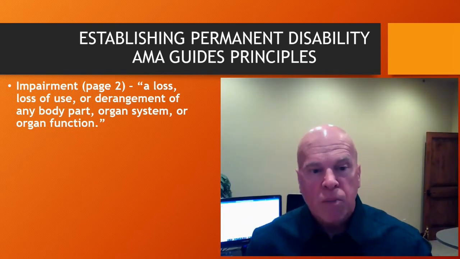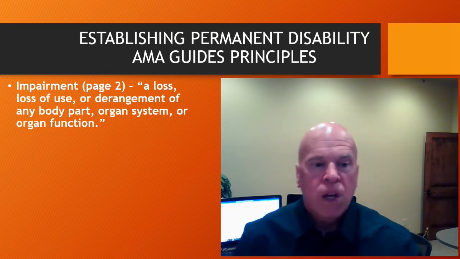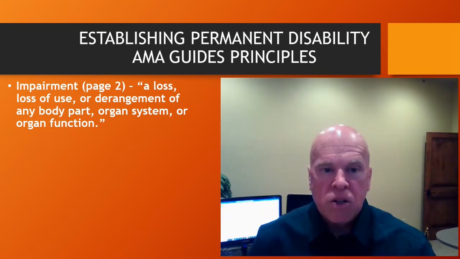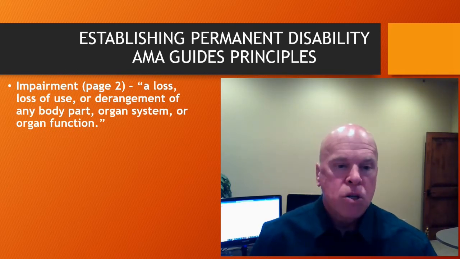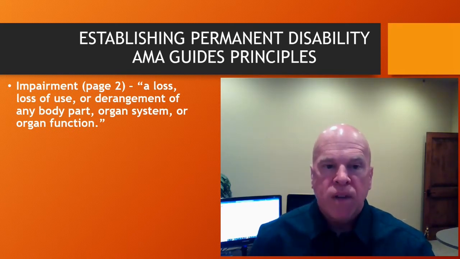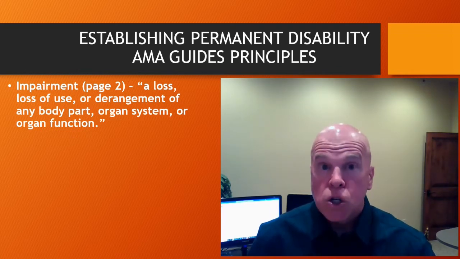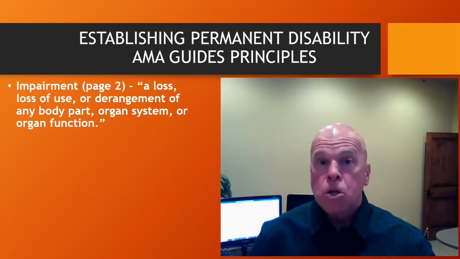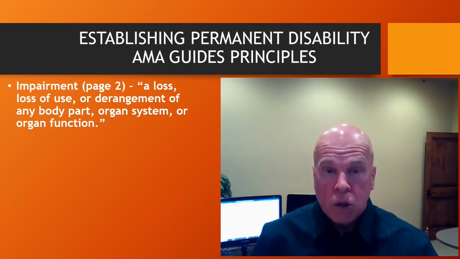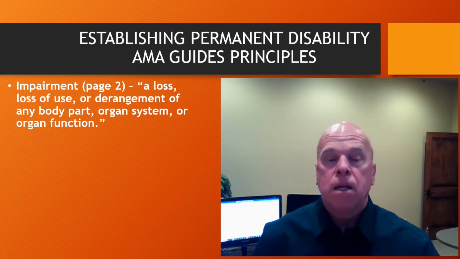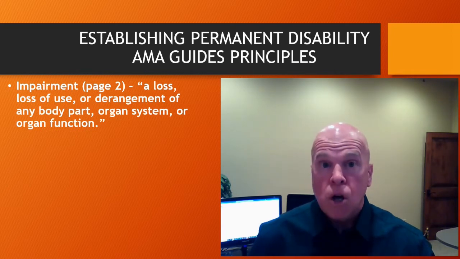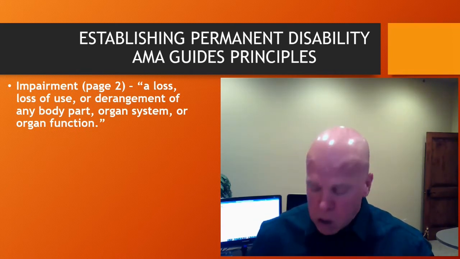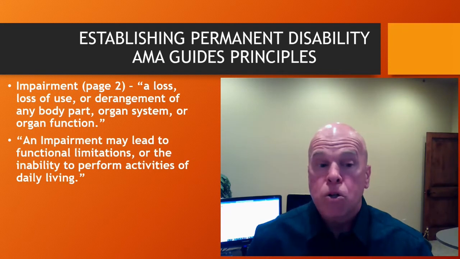The guides tell us on page 2 that the definition of impairment is a loss of use or derangement of any body part, any organ system, or organ function. So it's the loss or loss of use. Loss of use is what we're typically going to be dealing with in providing our impairment ratings. Loss of use, loss of function of particular body parts.